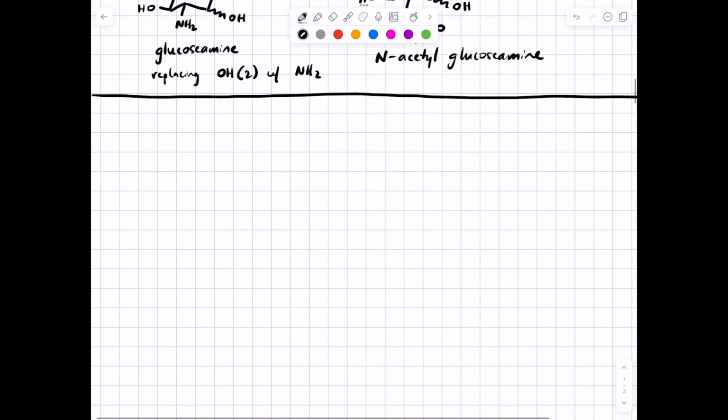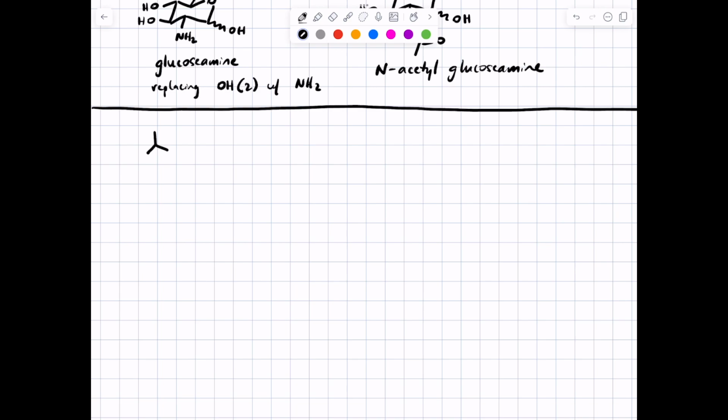So our precursor, geranyl pyrophosphate, looks like this, and I'm abbreviating the pyrophosphate leaving group as shown here.